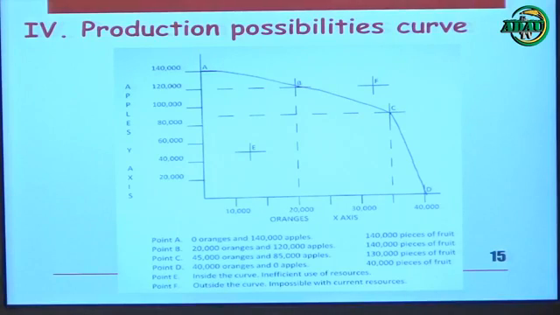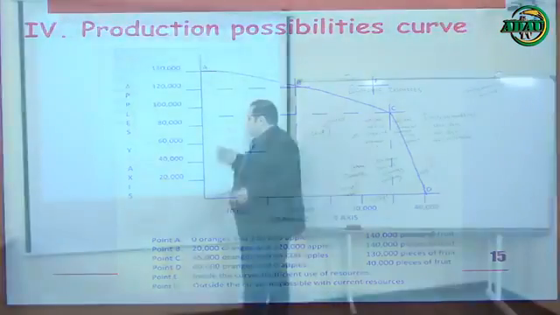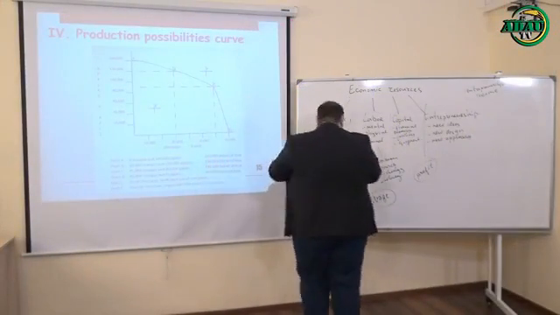So if we want to increase, for example, the shoes here, we need to decrease the production of costumes, because we only have 35,000, imagine like that.